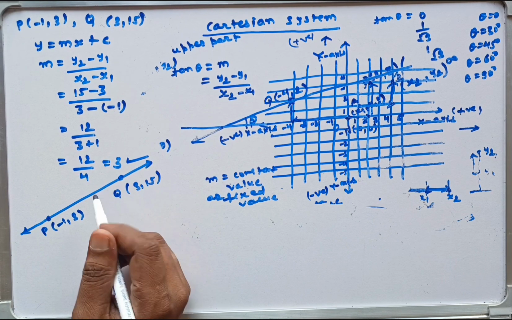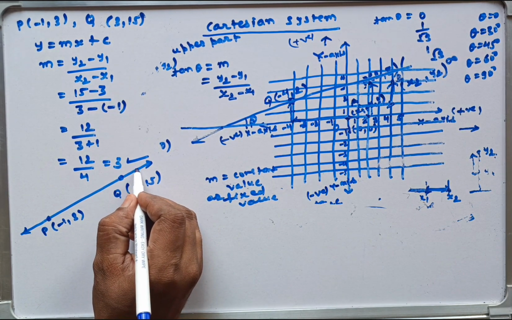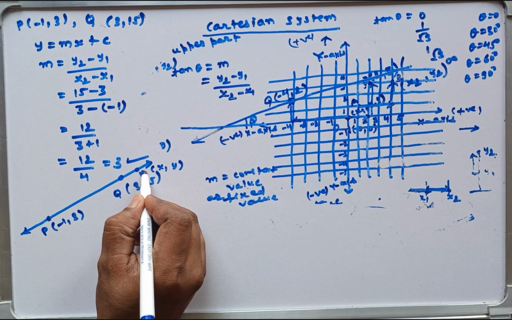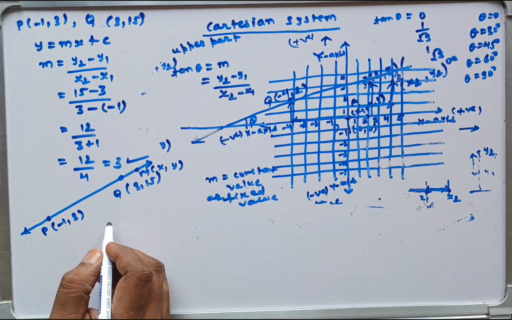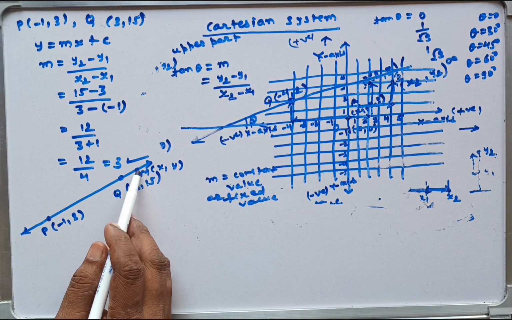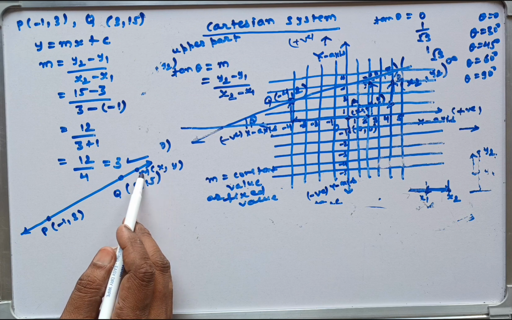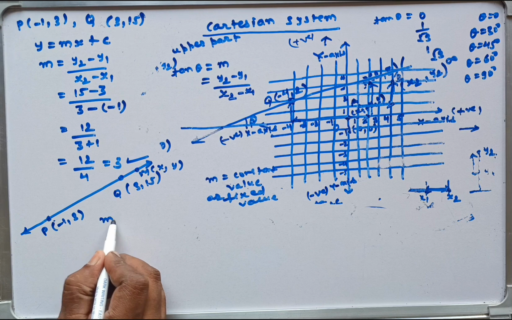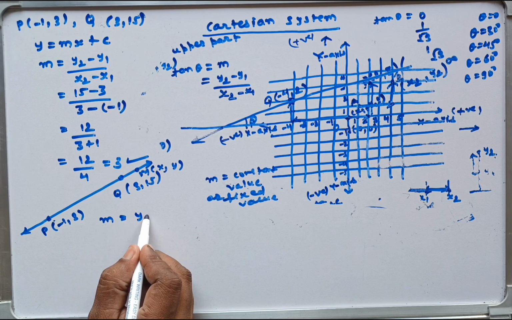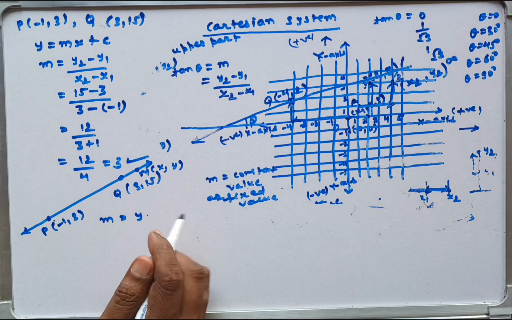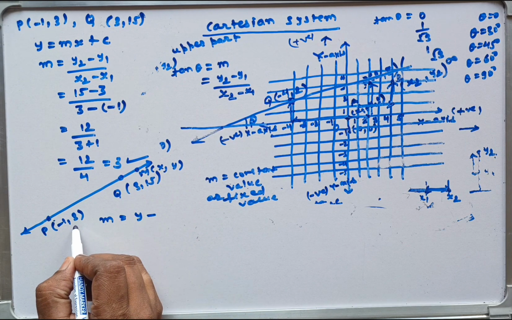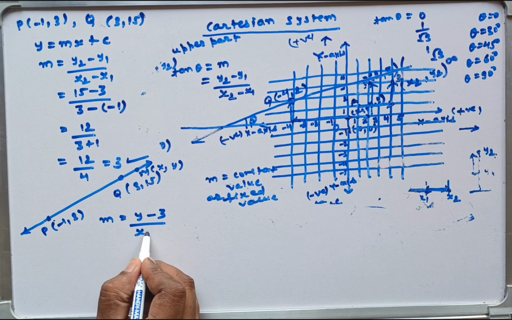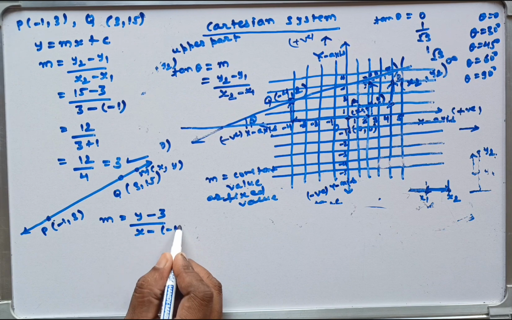So if we consider any point (x, y), and take the gradient of this point with another point, we write m equal to y minus 3 over x minus (-1).